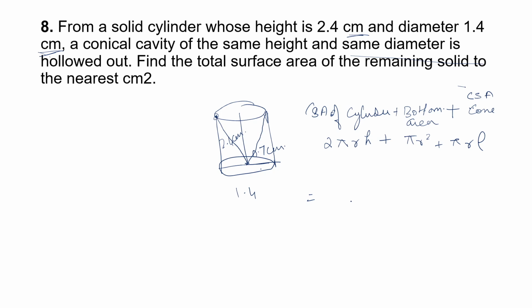L is not given. You know only this height and this 0.7, so you have to find L. L will be square root of 2.4 whole square plus 0.7 whole square. Find this value and substitute here. On substituting all this, you will get the answer. So please do this by yourself.